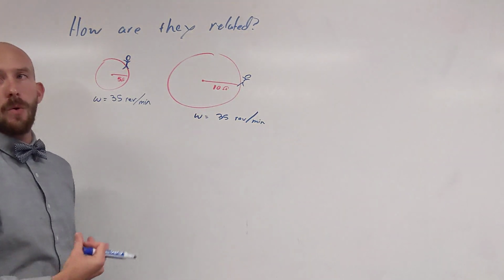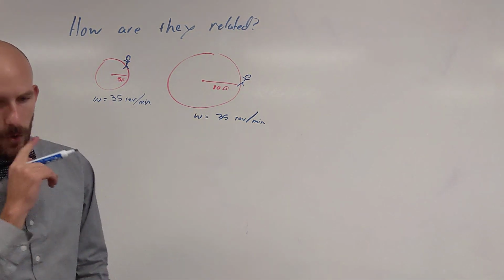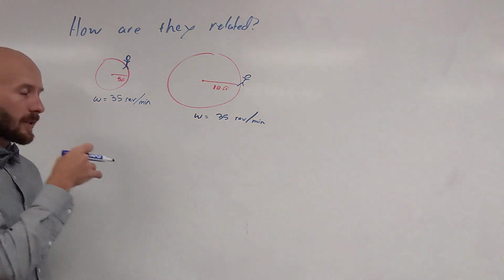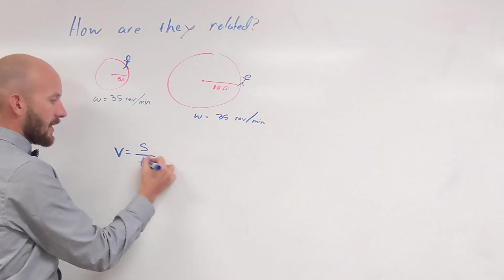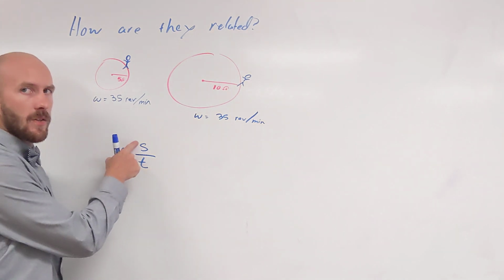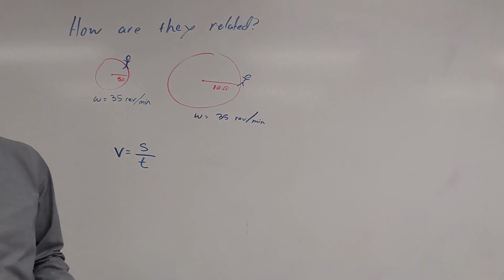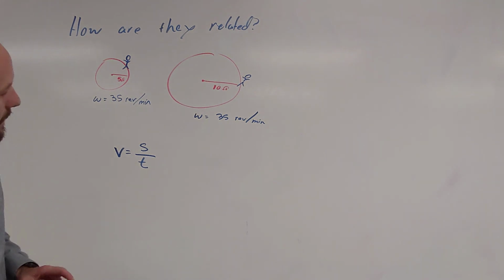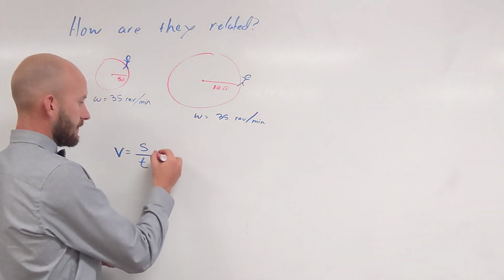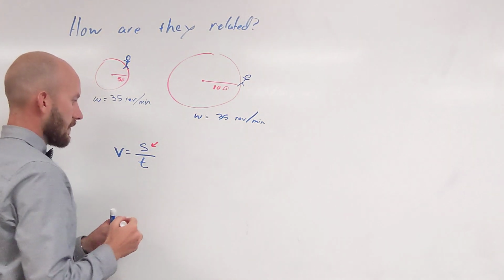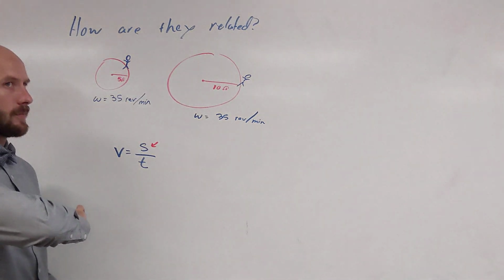And it is going to involve the radius. So it's pretty simple, actually. Let's start with our formula for linear speed: arc length divided by time. But if I break arc length down, well, we don't necessarily have to have a full revolution.